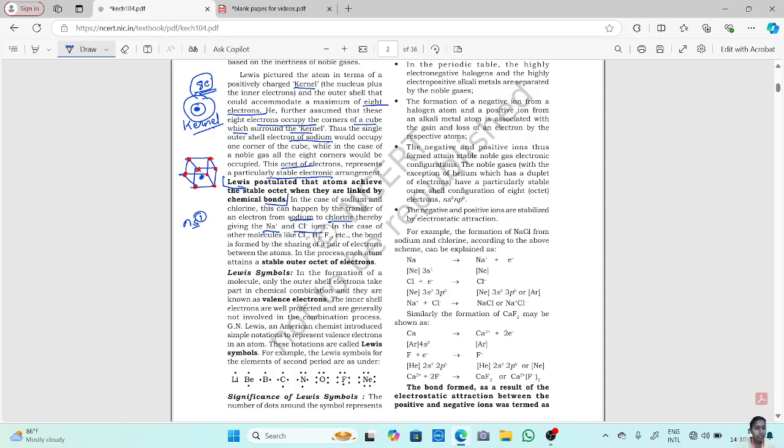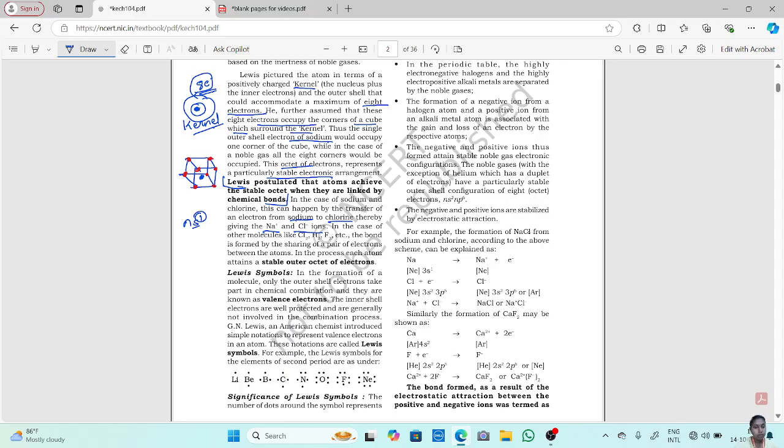Sodium has one electron in its last shell, whereas chlorine requires one electron to complete its electronic configuration. So sodium will transfer that one electron to chlorine, where chlorine will be satisfied and sodium will also have a completely filled octet. Since sodium is giving an electron, it will turn positive, and since chlorine is accepting an electron, it will turn into a negative ion.